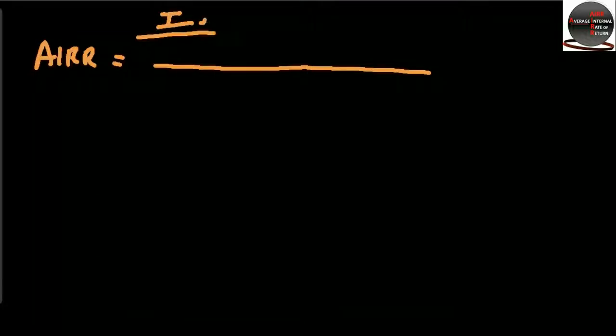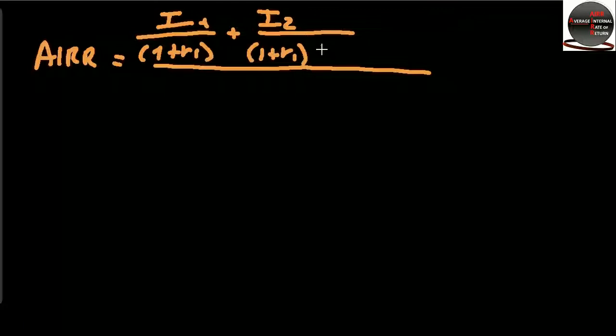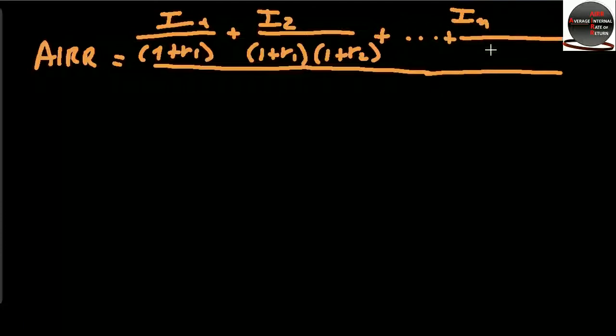So first income discounted by 1 period, second income discounted by 2 periods, 1 plus the first cost of capital times 1 plus the second cost of capital, and so on until the last income is generated, I of n, which is discounted by n periods with the n costs of capital.